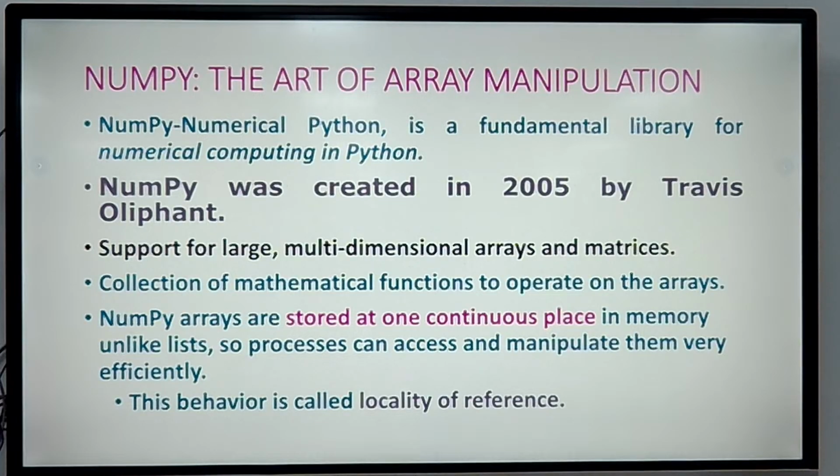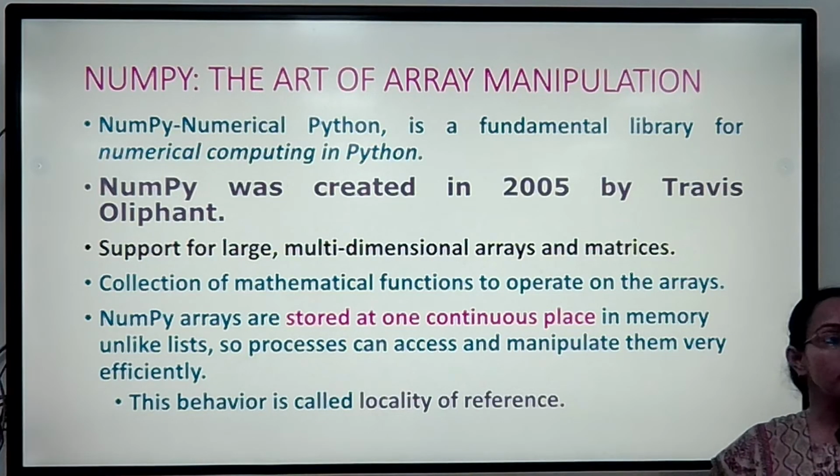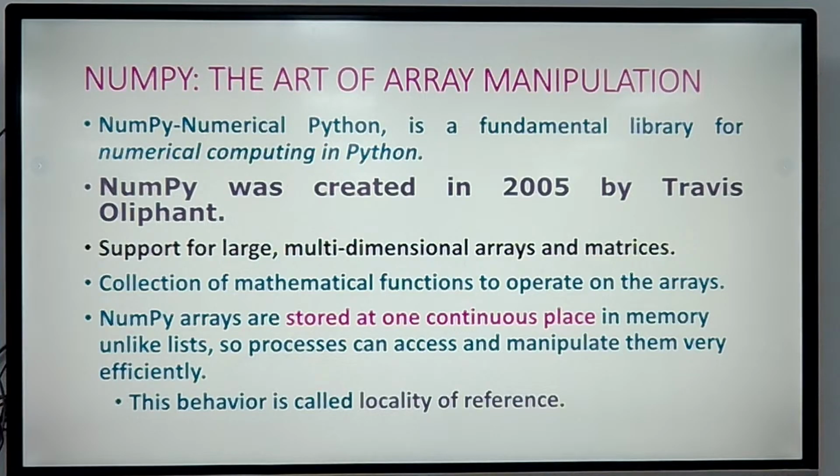So what is Numpy? Its full form is Numerical Python, right? It is the fundamental library for doing numerical computation on arrays. It was created in 2005 by Travis Oliphant. The creator is Travis Oliphant.